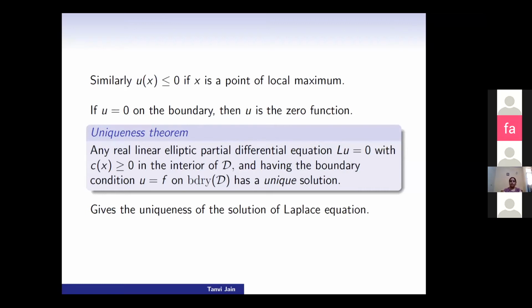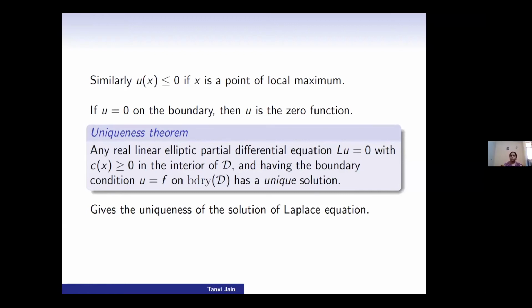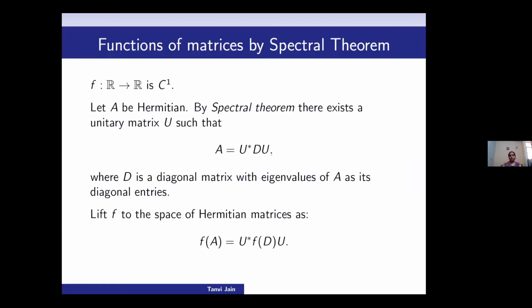My A(x) is nothing but the identity matrix, and it gives us the uniqueness of the solution for the boundary value problem for the Laplace equation as well. There are many other occurrences. I'll point out one more just in this talk.